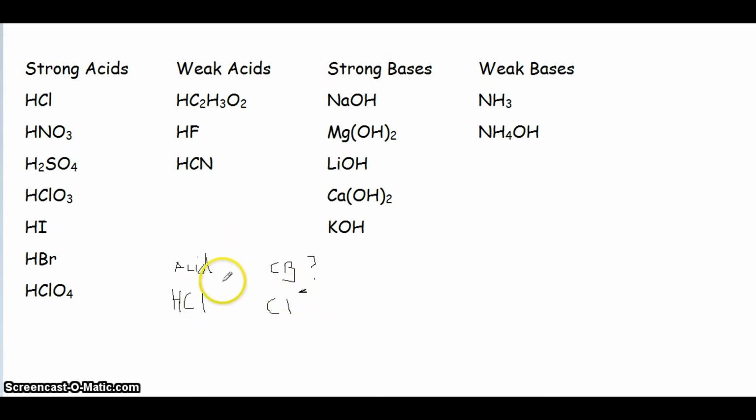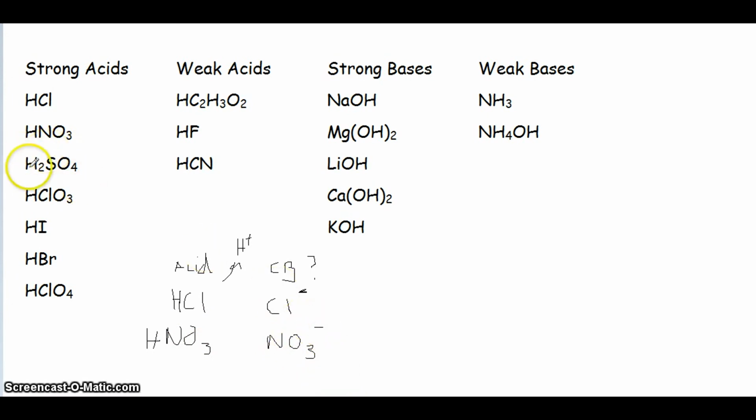Because it got rid of an H plus. Bye-bye. So there, you've got your conjugate base, and you could do that for any of these, like nitric acid. You would start off with HNO3, and then end up with NO3 minus.